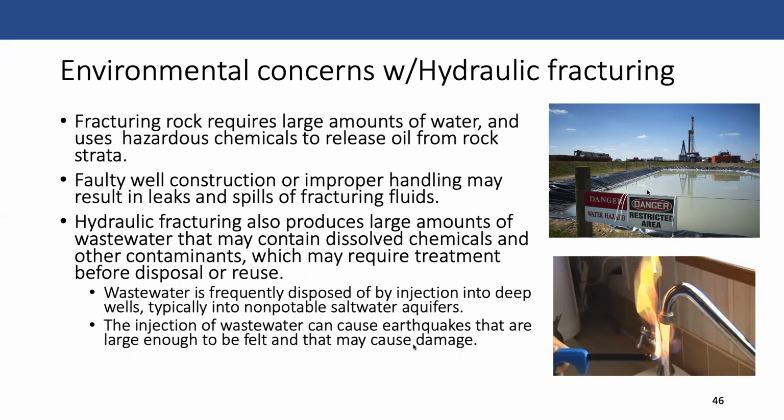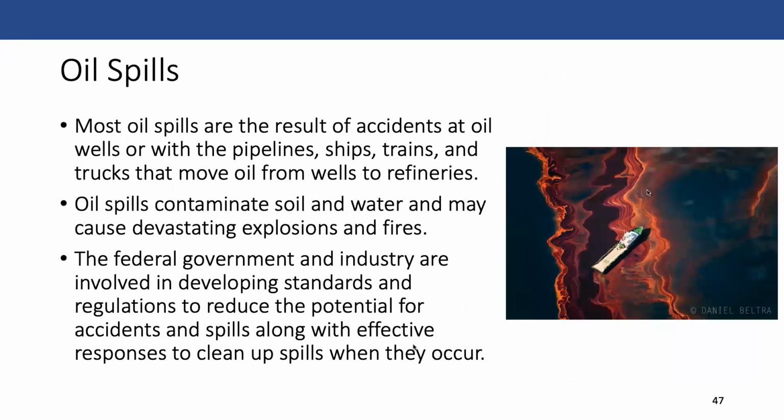And then you can also have really large impacts from things like oil spills as you transport, or even in the extraction process for things like deep sea drilling. Oil spills are the results of accidents at oil wells or in the transportation, either in pipelines, ships, trains and trucks.